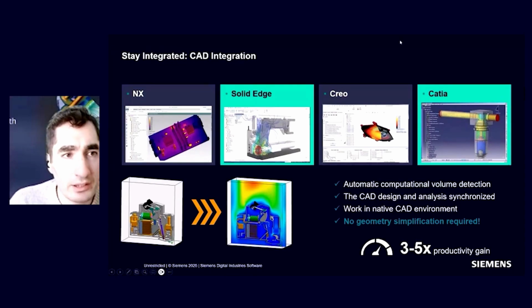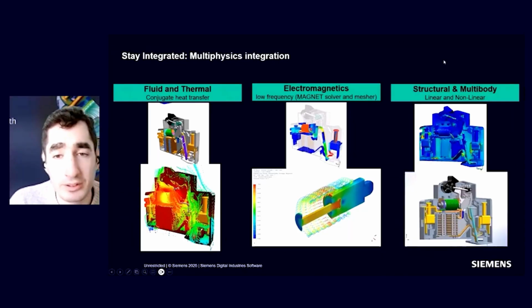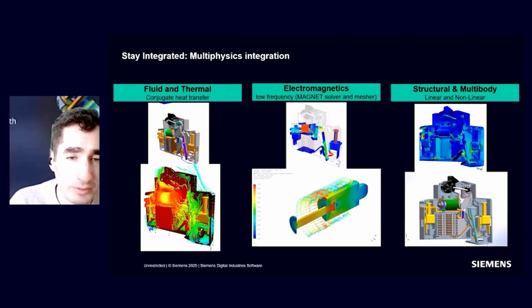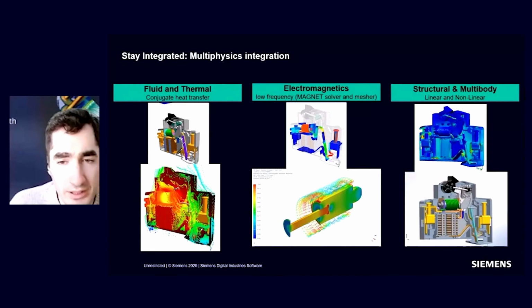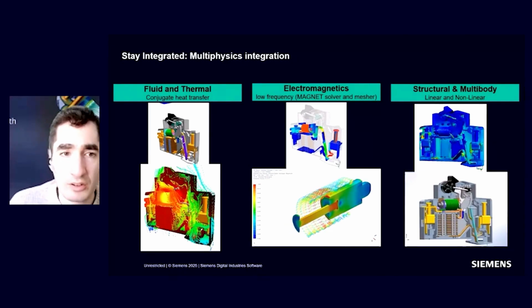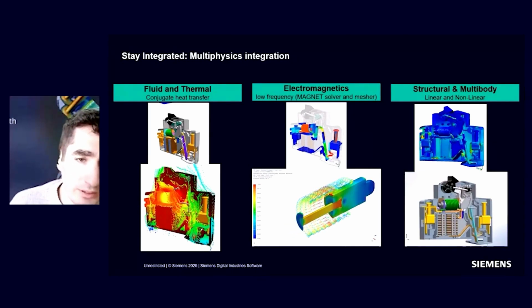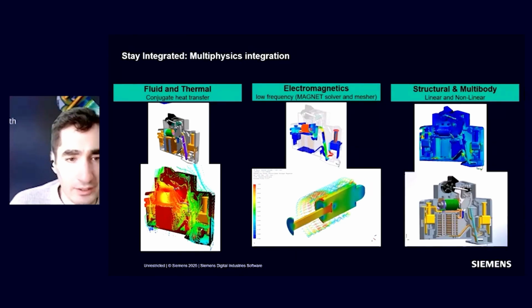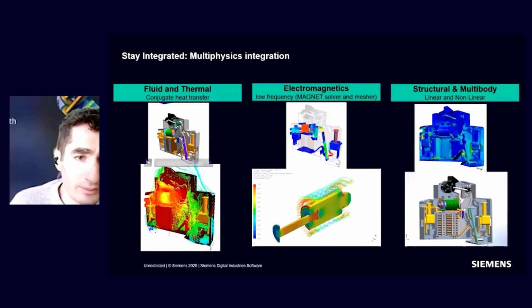Then let's move into the multiphysics integration. As we mentioned before, in Simcenter, you can integrate different kinds of analysis. So, for example, the fluid and thermal, which is usually where we start. We can analyze the velocity.